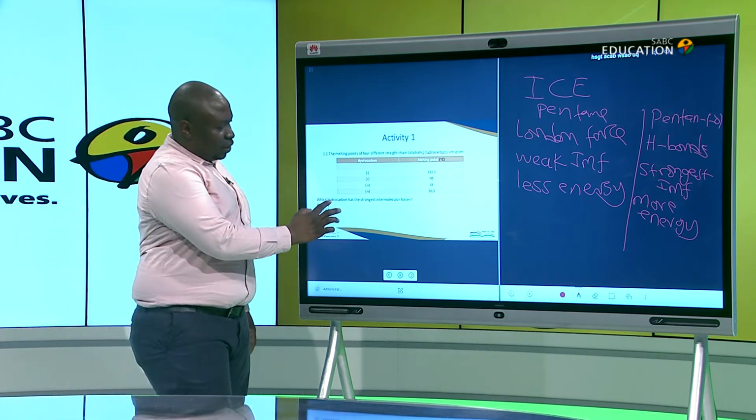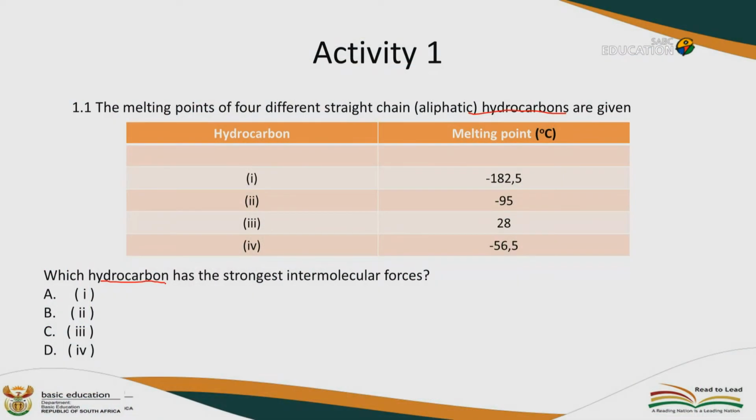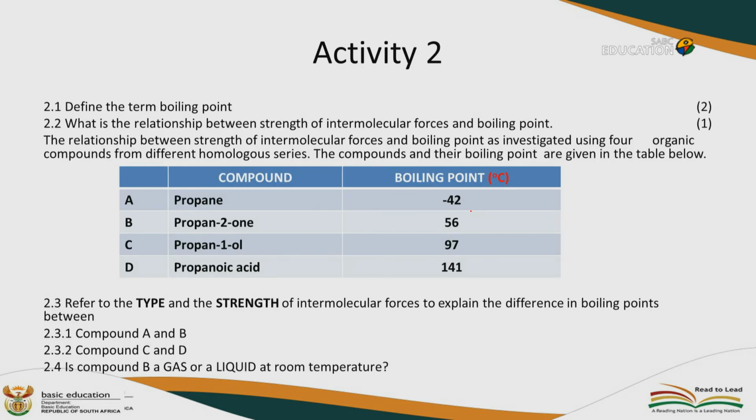They ask which hydrocarbon has the strongest intermolecular force. So you say, okay, when the strength of intermolecular force increases, the boiling point increases, which means you look for the one that has the highest boiling point, which is your Roman figure 3, that is number C.